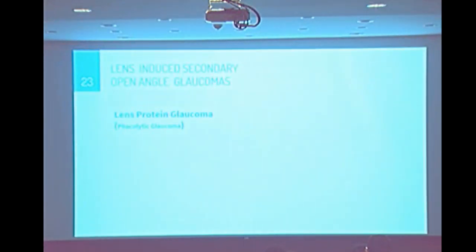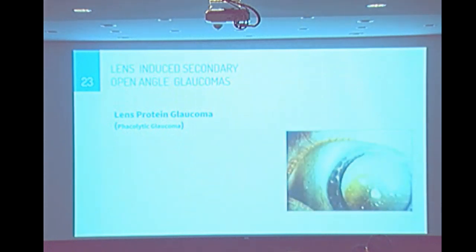Now you come to the secondary open angle glaucomas that can be caused by the lens. On top of them is lens protein glaucoma. What is written in the textbooks, or still the terminology, phacolytic glaucoma is a common name for this type of glaucoma. And here, as you see, what do we call this? Morgagnian cataract. This is a liquefied cortex, and the nucleus went down by gravity in this liquefied cortex.